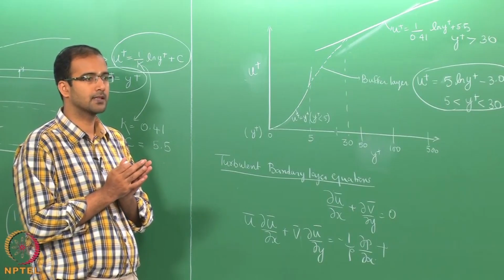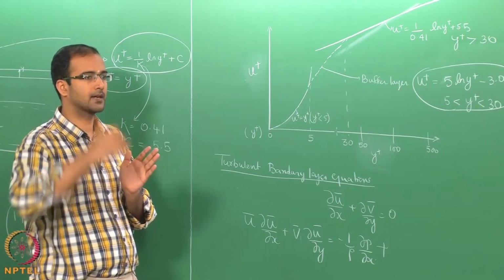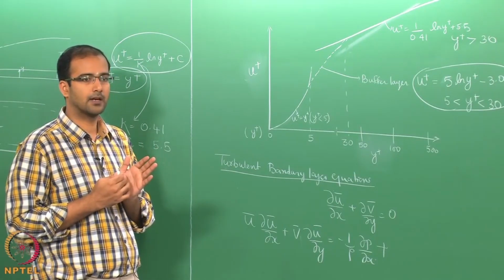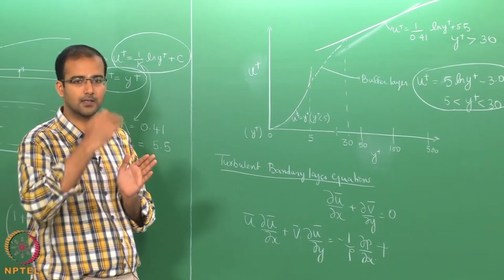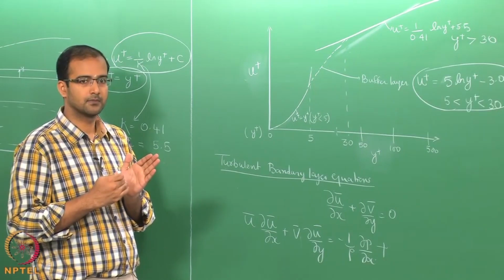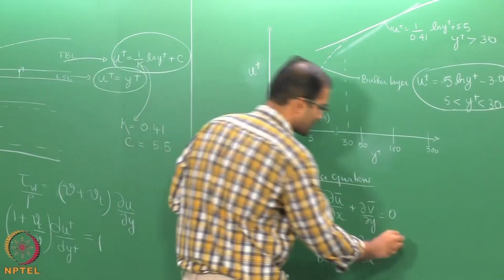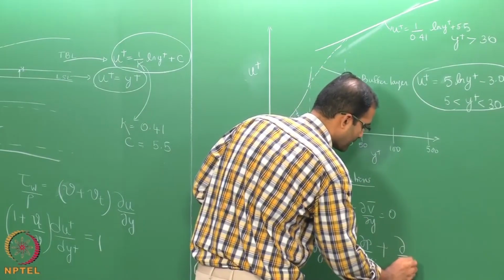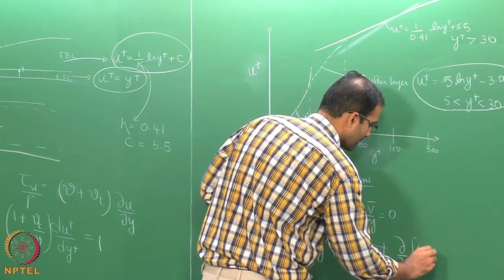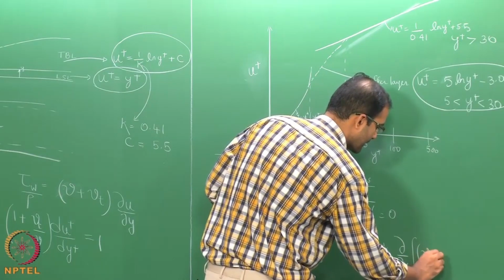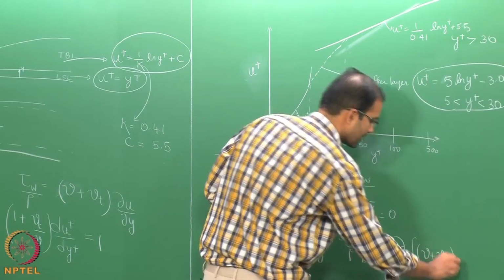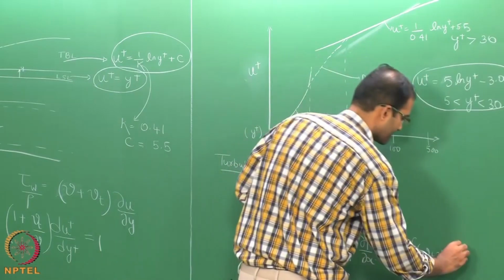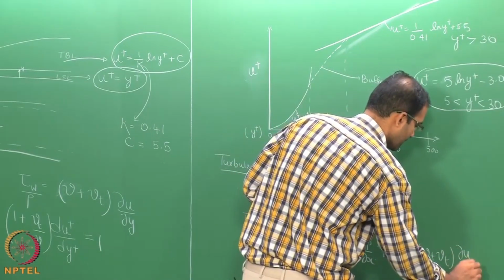So, we have diffusion in the x direction and in the y direction. According to the order of magnitude analysis, which is the dominant diffusion? In the y direction. So, we have to just retain d by dy of nu plus nu t into du by dy.